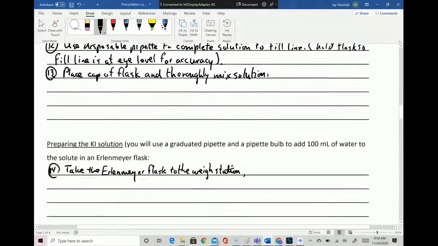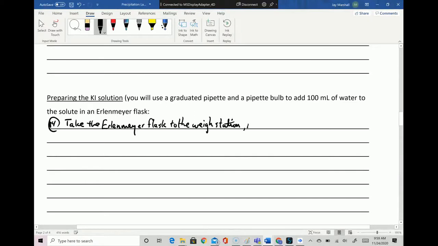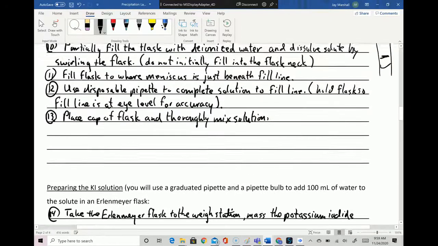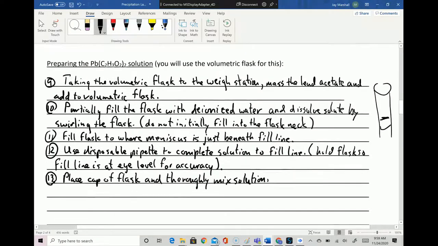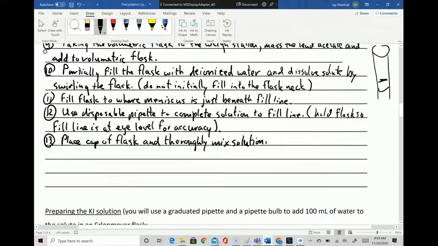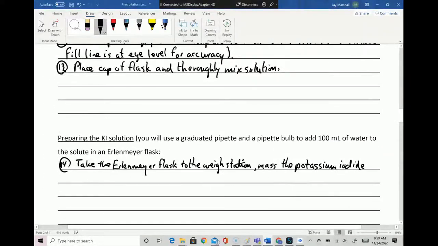Mass the potassium iodide, and add to Erlenmeyer flask.